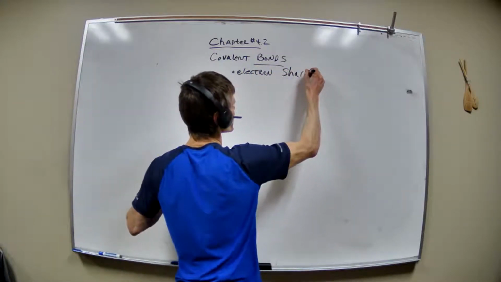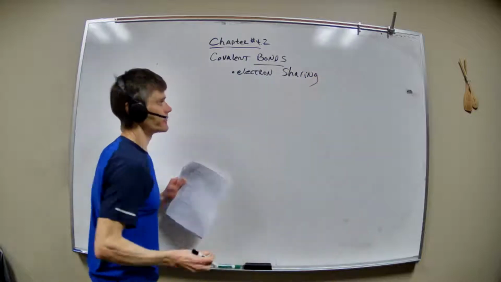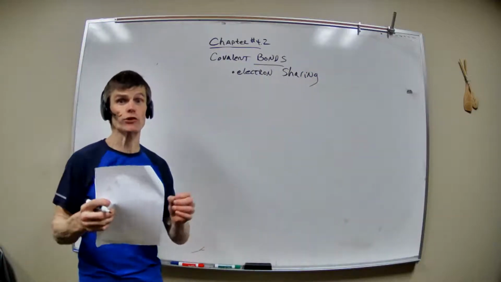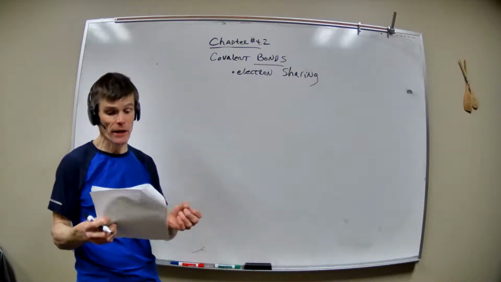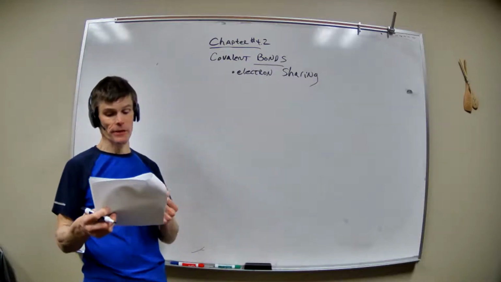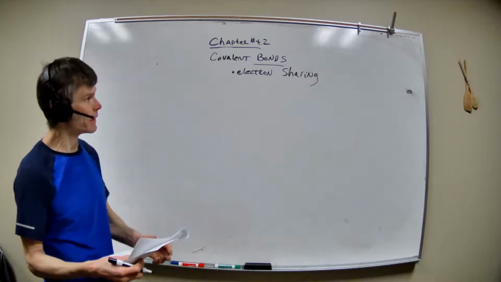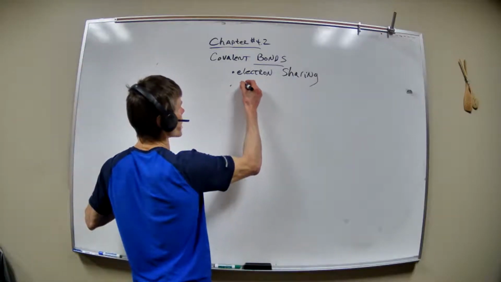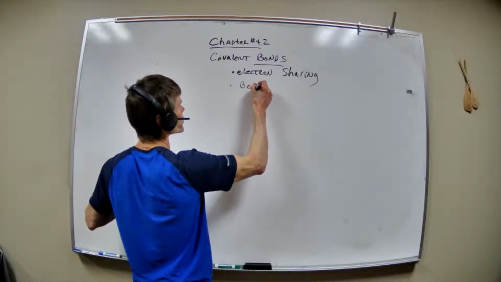One way we can think of an ionic bond is electron transfer. Covalent bonds are electron sharing. So that's a big take-home idea behind these types of bonds. And these form between 2 nonmetals, 2 or more.